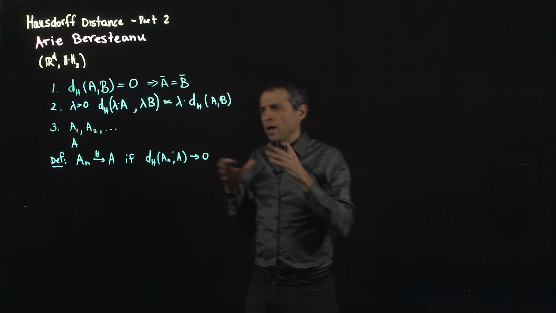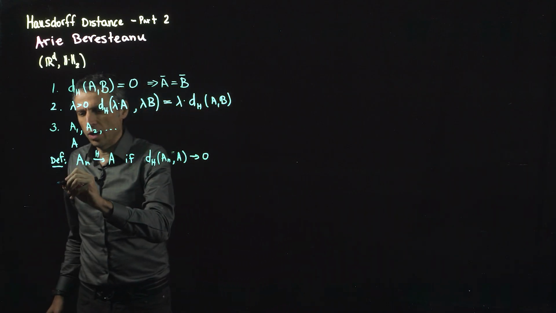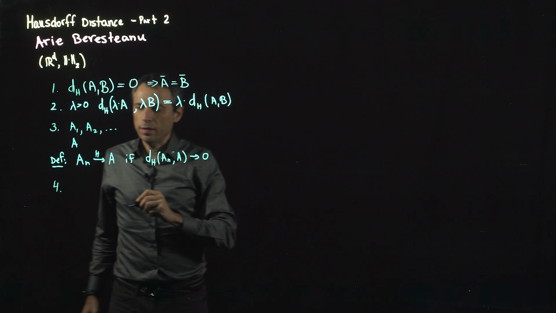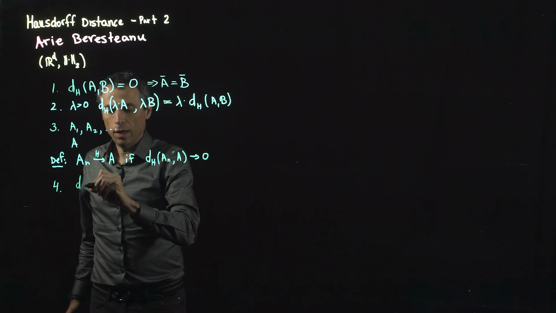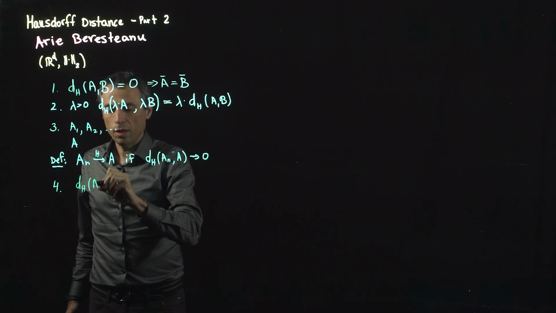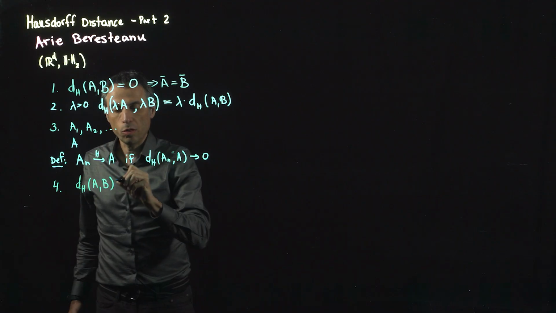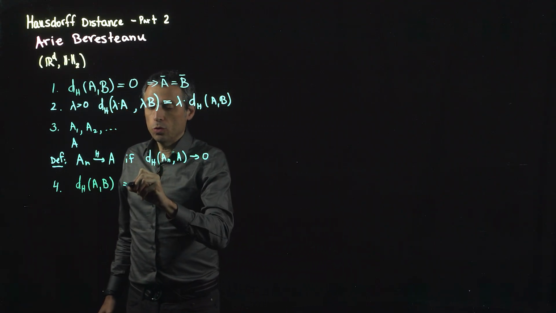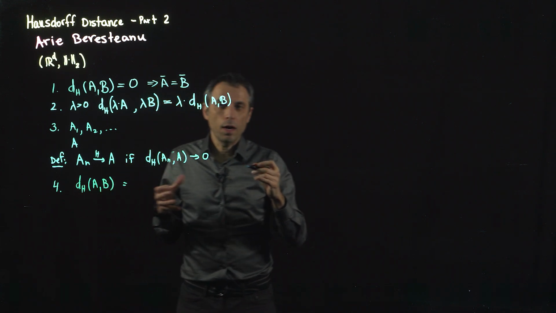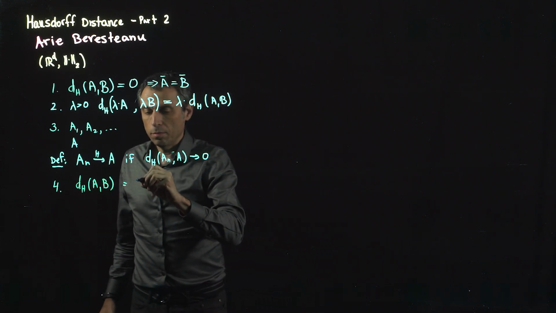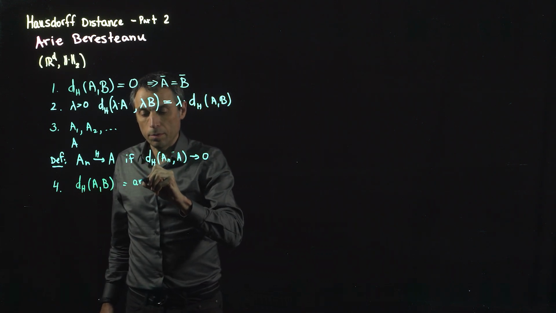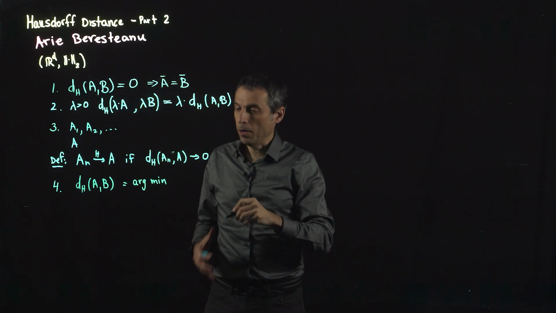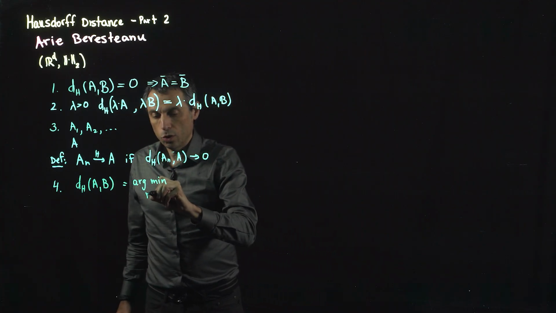Okay, great. There is an alternative definition for the Hausdorff distance. We claim that the Hausdorff distance between two sets A and B can also be defined, or is equivalent to, the smallest radius, so the argmin over the number r, which is a radius.